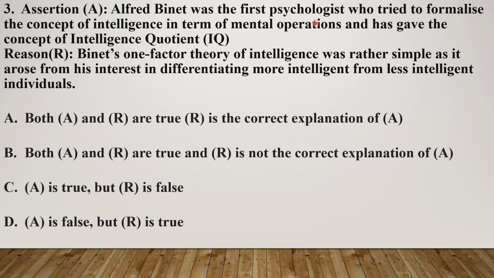Alfred Binet, yes, definitely he was the first psychologist who gave the concept of intelligence, but he has not given the concept of intelligence quotient. It was William Stern who gave the concept of IQ. So the correct answer for this question will be A is false, but R is true.